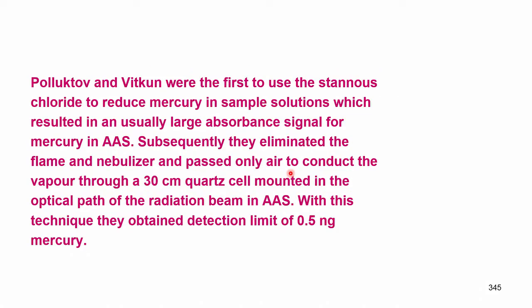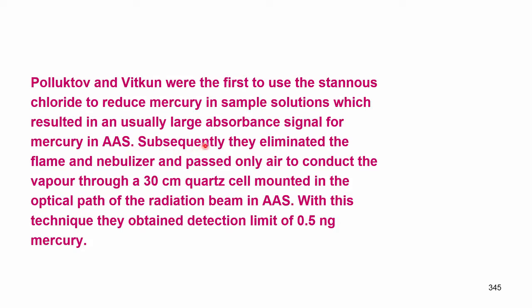Politkov and Wittgen were the first to use stannous chloride to reduce mercury in sample solutions, which resulted in an unusually large absorbance signal for mercury in AAS.